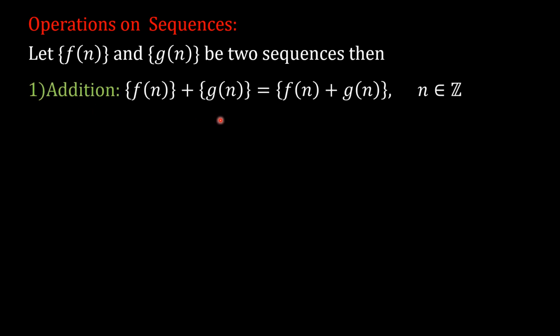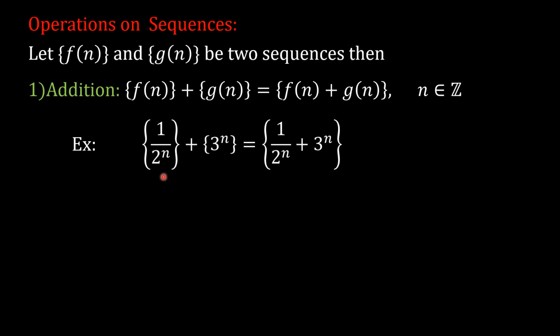If we add the sequence f of n and the sequence g of n, they result in a new sequence whose general term is f of n plus g of n. For example, take the sequences 1 upon 2 raised to n and 3 raised to n. Their addition is the new sequence whose general term is 1 upon 2 raised to n plus 3 raised to n.